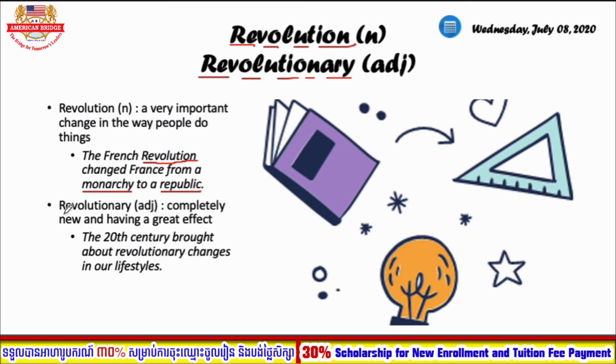So in order to describe a situation, a big change like that, we need revolutionary, which is an adjective. For example, let's look at the meaning of the word revolutionary. Revolutionary is an adjective, so it is used to refer to something that is completely new and having a great effect.